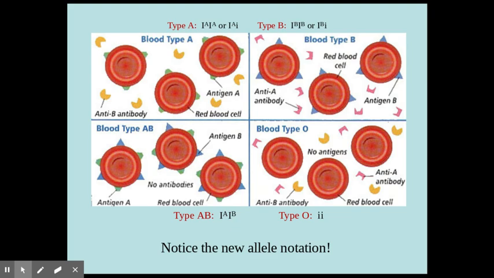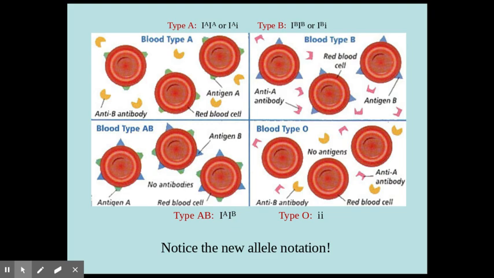If you have blood type A, then you have an anti-B antibody, and you have antigen A. That would be what is attached to your red blood cells. In this case, it looks like little half circles. And then type B looks like little triangles, and you will have anti-A antibodies, and you would have antigen B. If you have type AB blood, you have both of these characteristics, the little half circles and the little triangles.